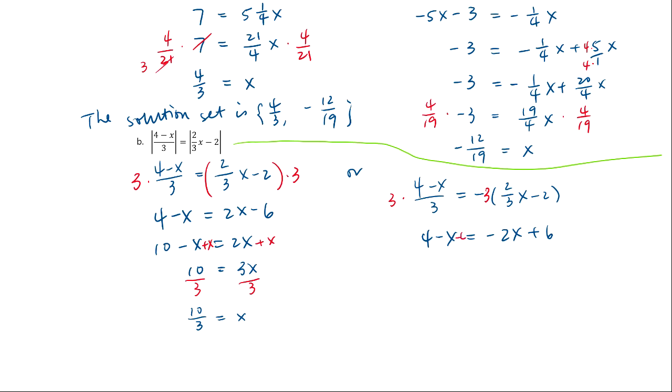And if I subtract 4 here, subtract 4 here, I will get just negative x by itself on the left, and on the right I will have negative 2x plus 2. And to combine the variables, I'm going to add 2x on both sides. So I would have negative x plus 2x, which would be x is equal to 2 as a result, so that I don't have to deal with negative coefficients. There's nothing wrong with them, but I just personally don't prefer to work with them.